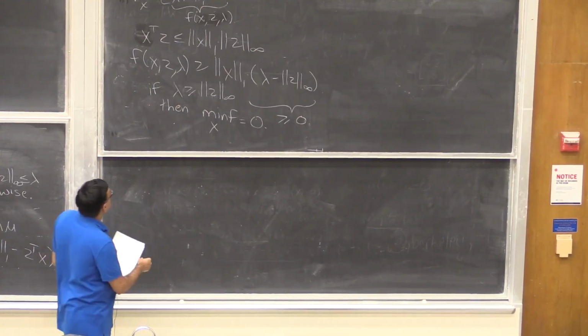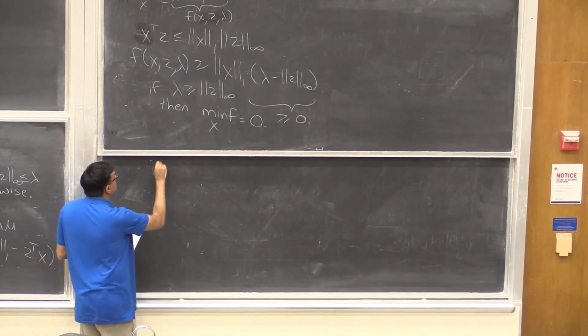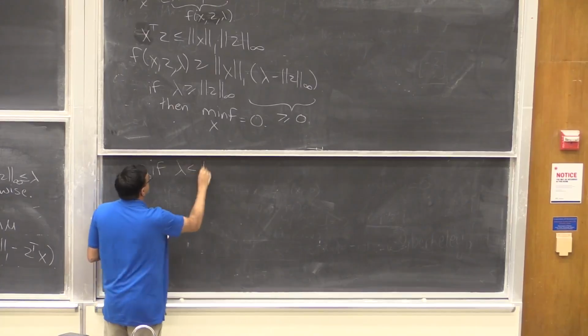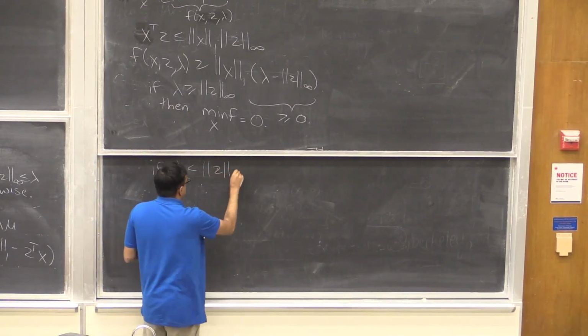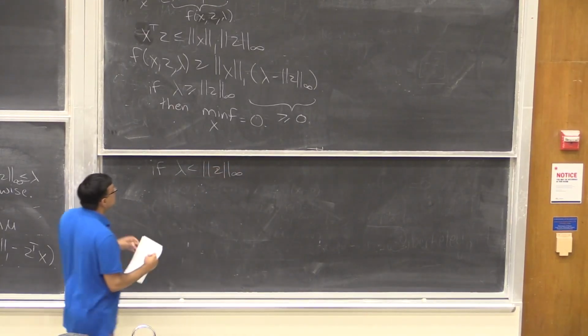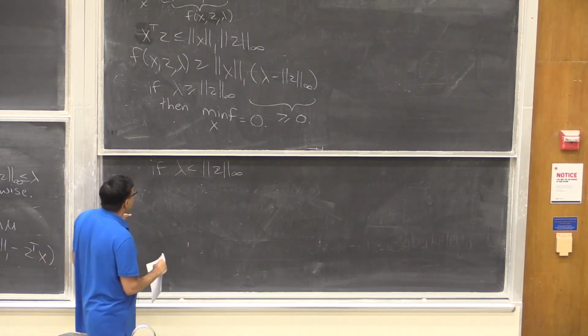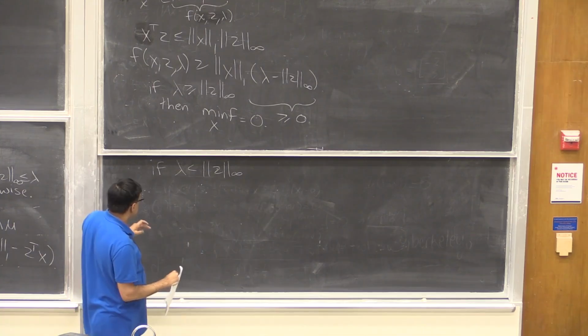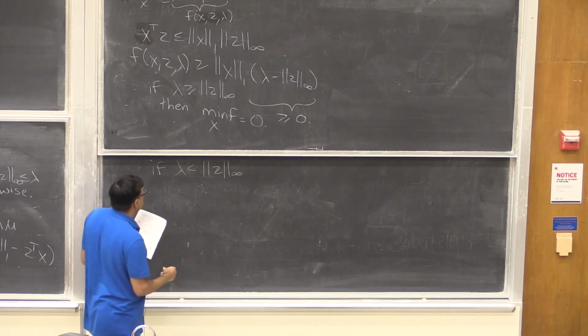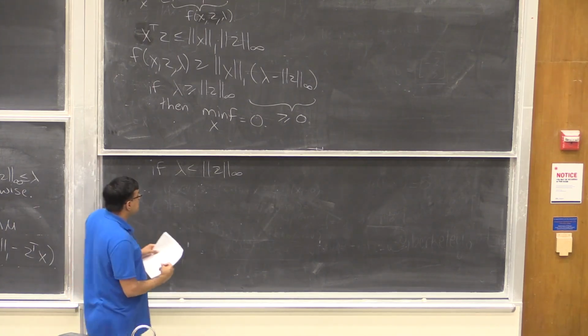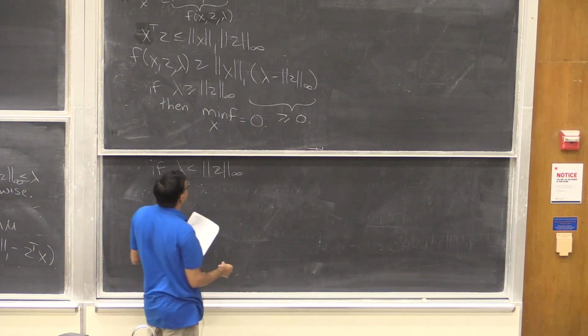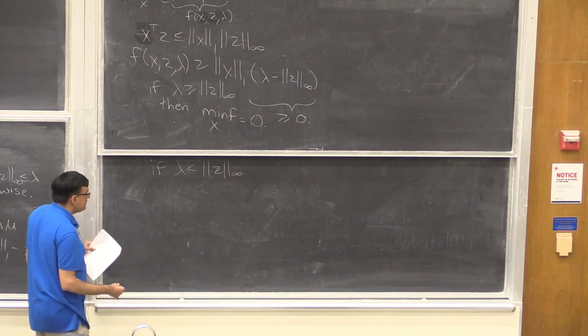Okay. So second, if lambda is less than infinity norm of z, then what happens? This term in the parentheses is negative.